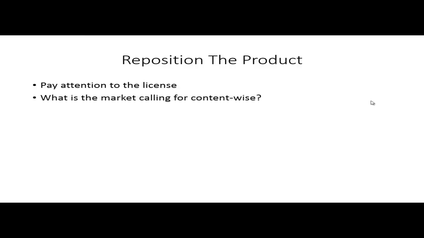Now, we just talked about the fact that you want to make sure that what you want to do is going to fit in with a license. It's going to allow you to do what it is that you are really looking to do. And as you looked at the product that we just looked at, the one that we're using in this example, you got a lot of latitude. So we're going to go forward.